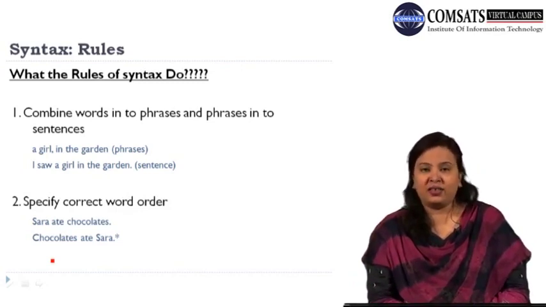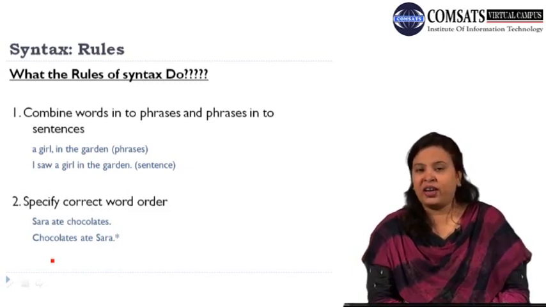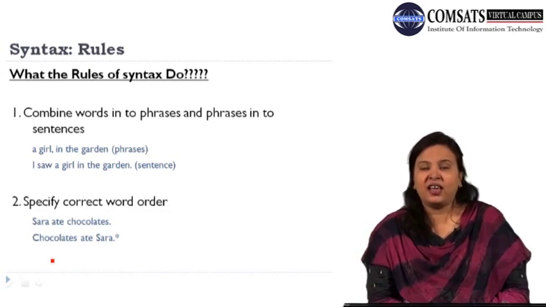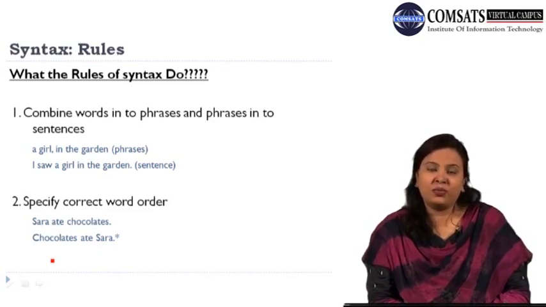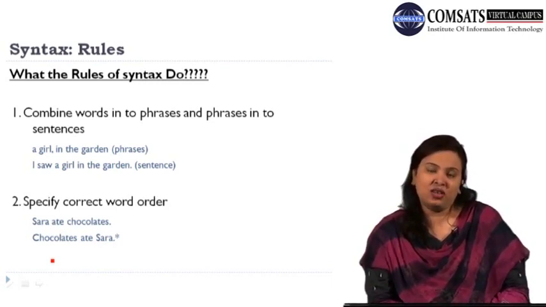Now look at these two examples. Sarah ate chocolates. Subject, verb, object, correct order, so a correct sentence. But look at the second sentence, chocolates ate Sarah. Automatically, with the knowledge of the English language, I come to know that this second sentence is wrong, because chocolates is an object, something inanimate which cannot do any physical action.